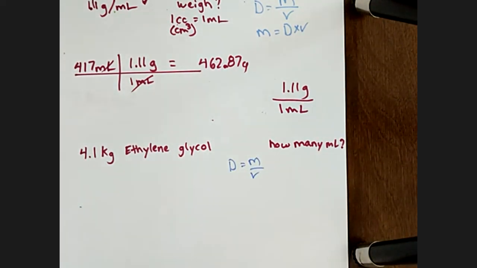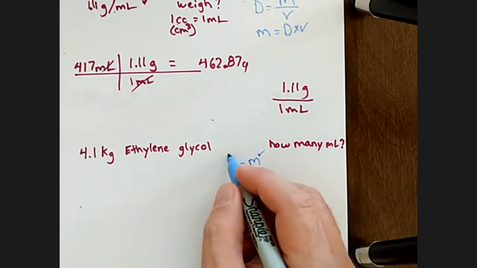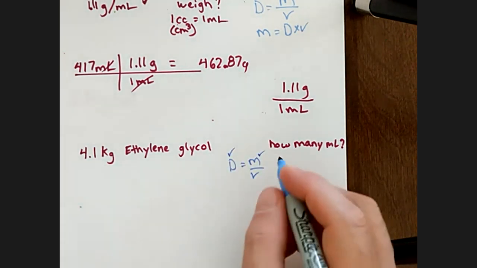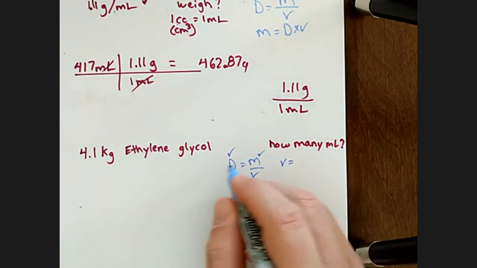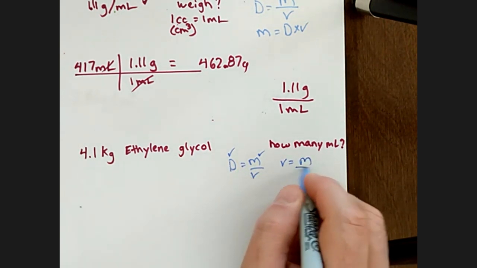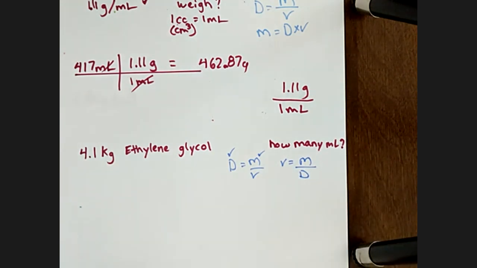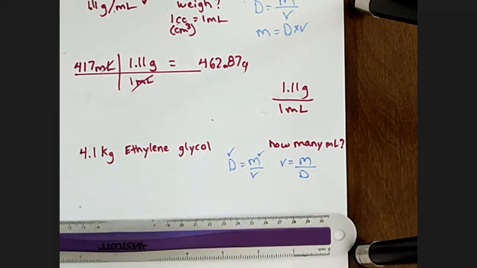Here we have the mass and we have the density. So the volume would come over here and it would be mass divided by density. That should be the arrangement we see when we do the dimensional analysis.